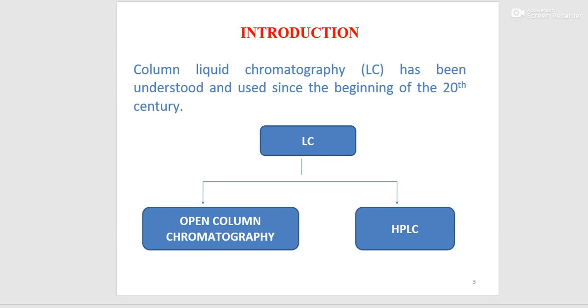That technique was established since beginning of 20th century, and as we had learned in our previous lectures, liquid chromatography suggests that the mobile phase is liquid. So you can divide liquid chromatography in two categories: open column chromatography, that is your conventional column chromatography, and HPLC.